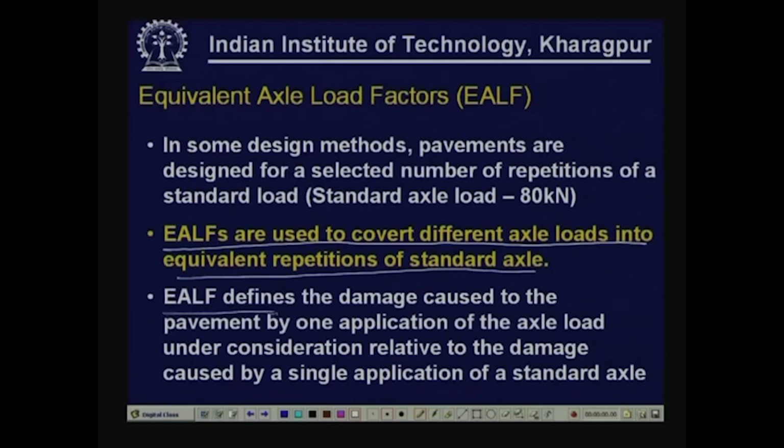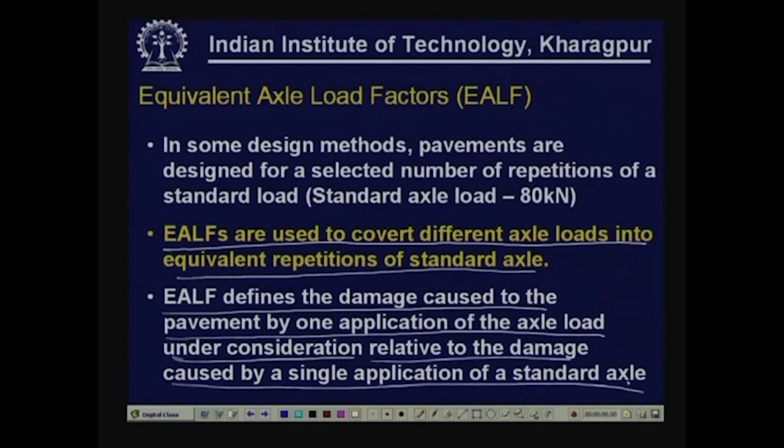Equivalent axle load factor defines the damage caused to the pavement by one application of the axle load under consideration, 100 kilonewton or 120 kilonewton, relative to the damage caused by a single application of a standard axle, which is 80 kilonewton. So the damage caused to the pavement by different axle loads is compared and equivalent axle load factors are worked out.